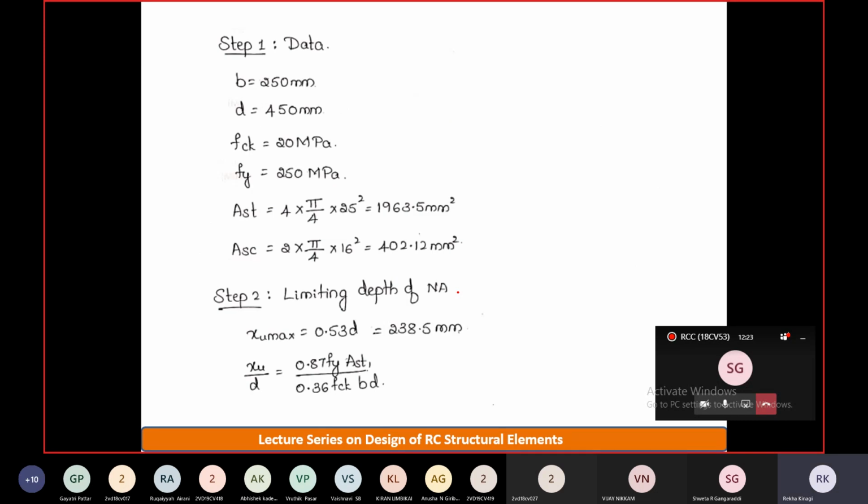So let's list down the data at the first stage itself. So it is a doubly reinforced rectangular section. Along with this, it is better if you draw the sketch, that is rectangular section. As AST, there are 4 bars.